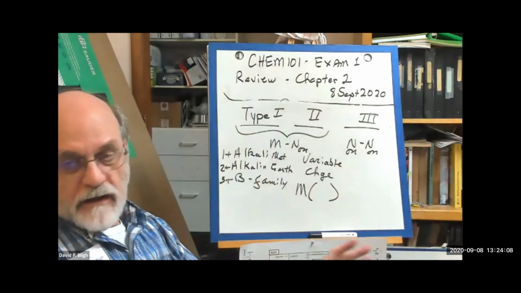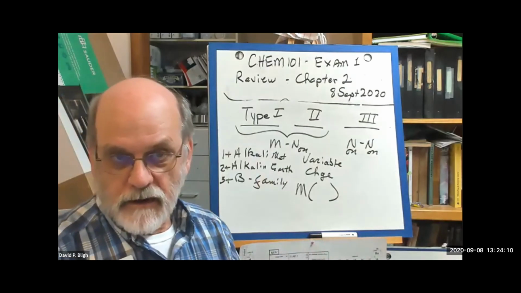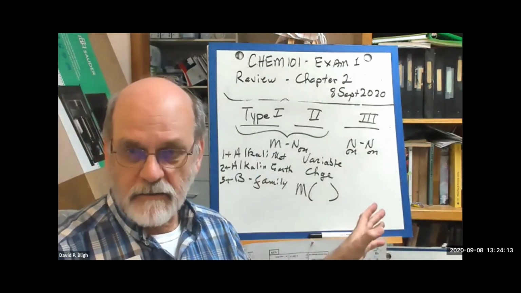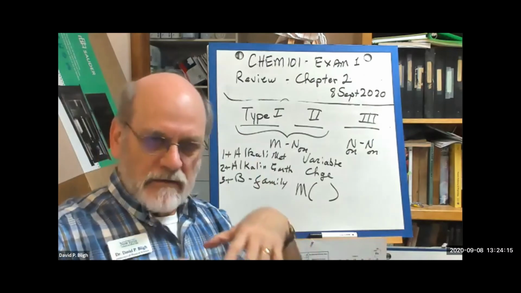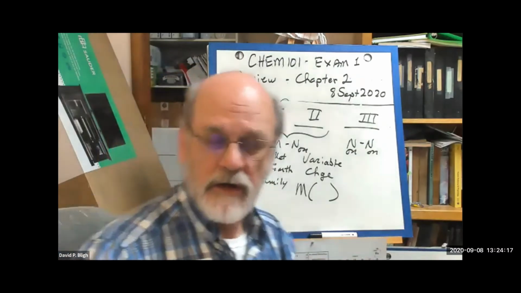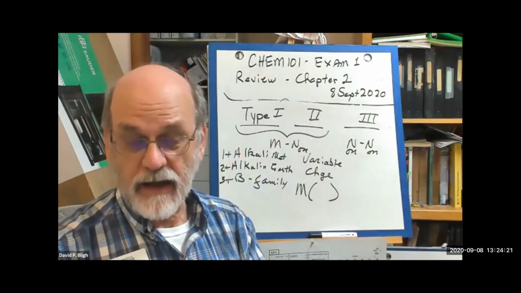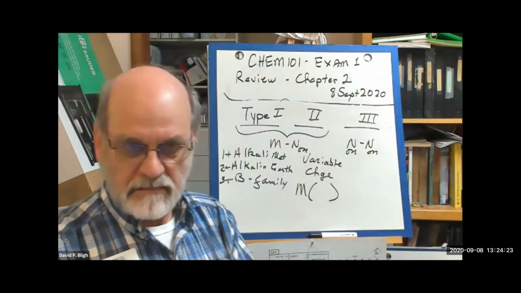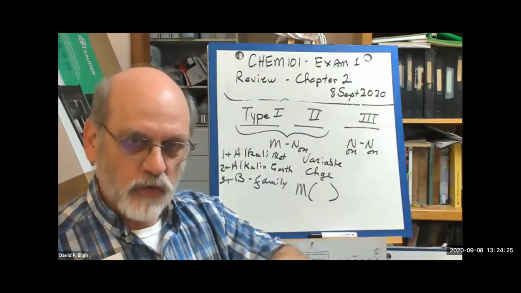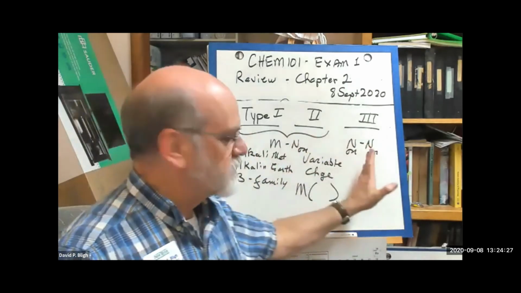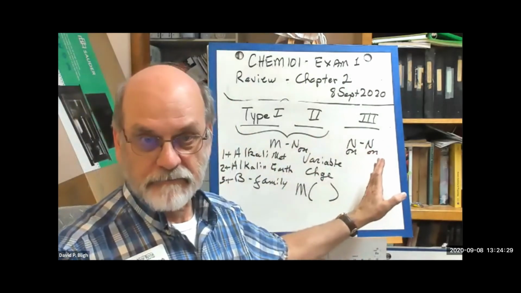Type 3, there are no charges. These are covalent compounds. We only use the convention for binary compound naming, the ionic compounds, so we sort of steal the rules from these two to make this one easier to deal with.